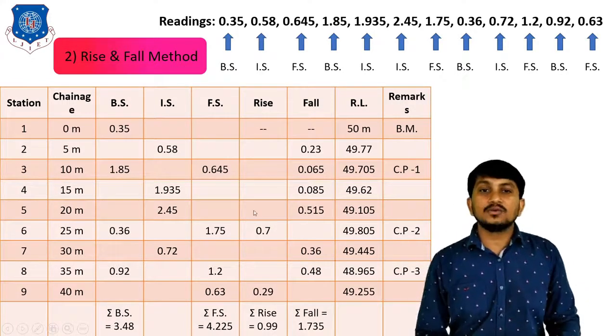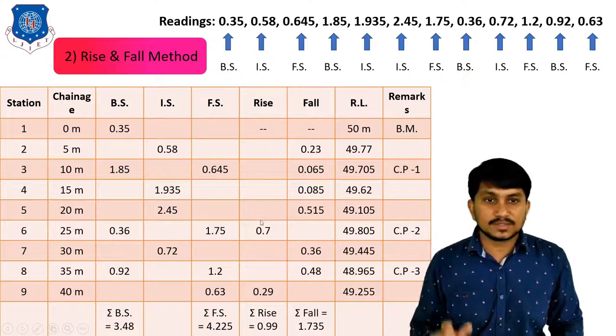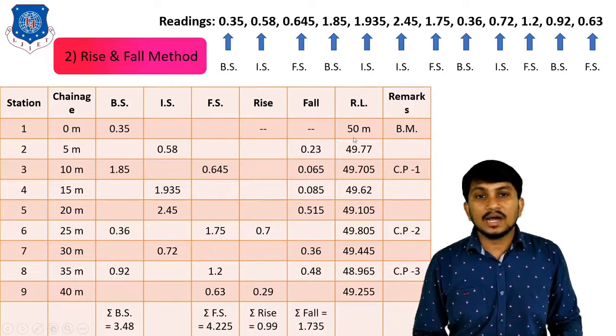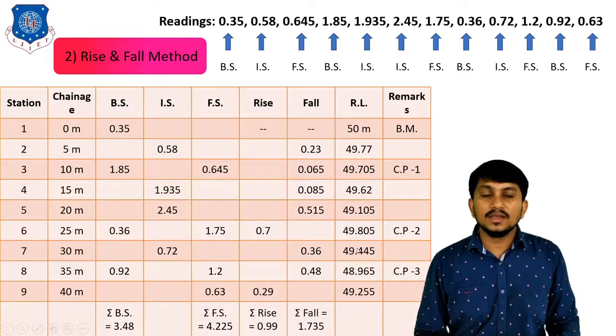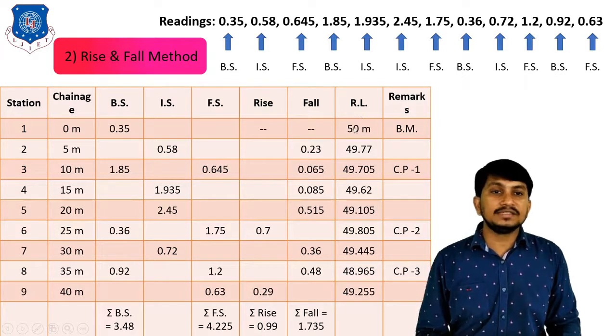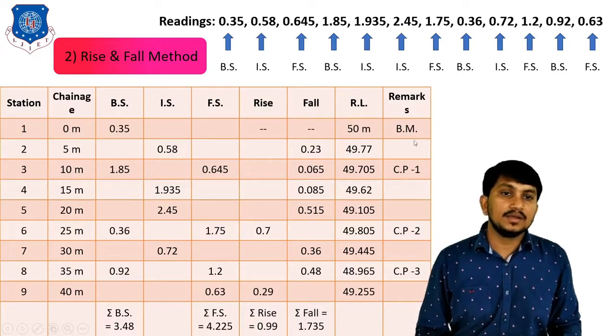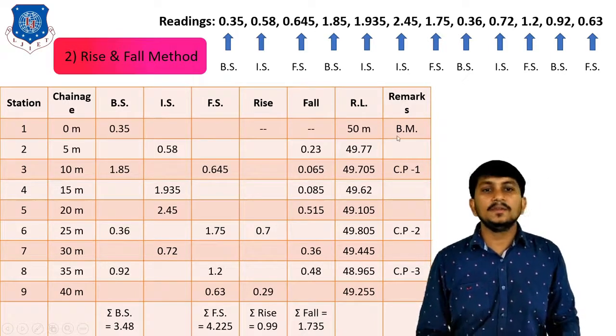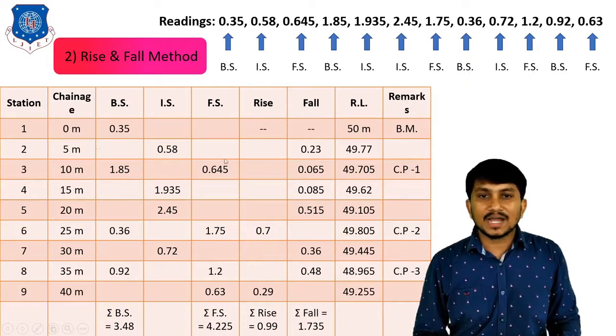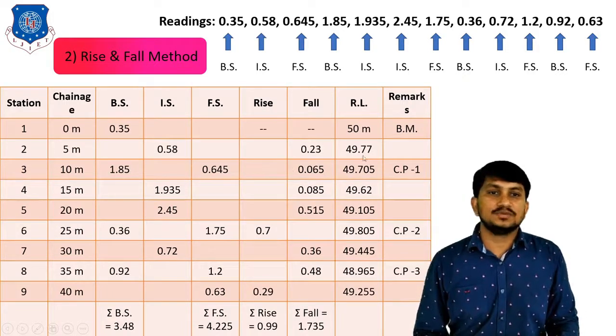Okay, after finding out rise or fall of each station, we can calculate RL of all points. We have RL of first point in the example, which is 50 meter. We can easily write it as benchmark, because of known RL value. After that, to find out RL of second station, we have to use rise or fall.